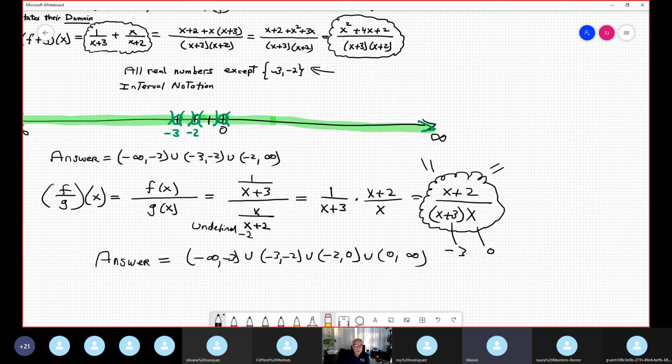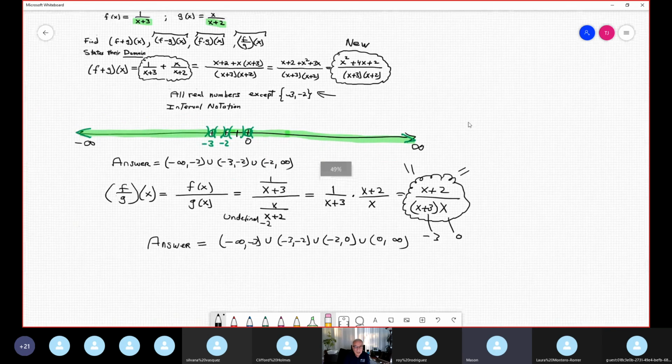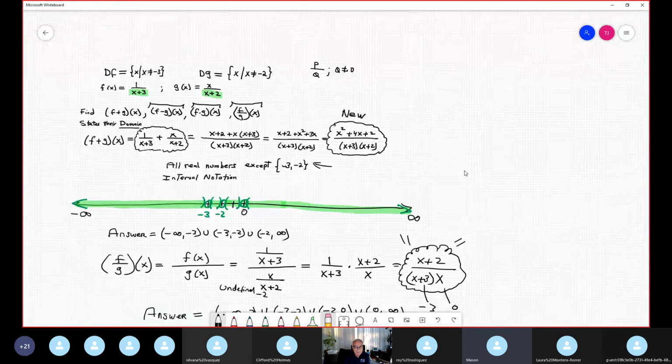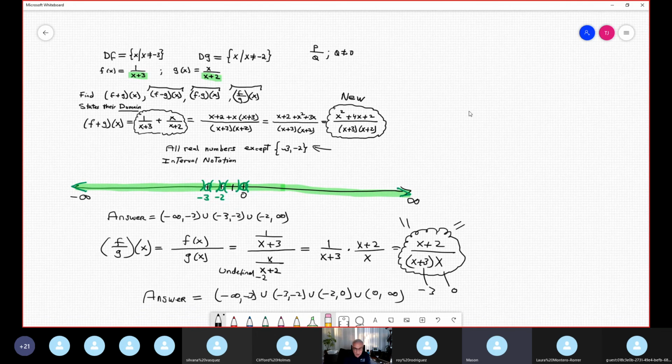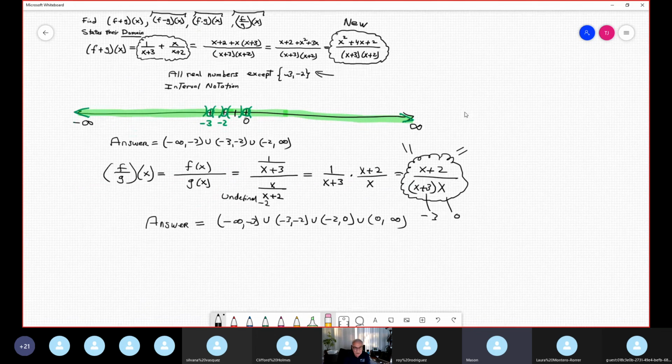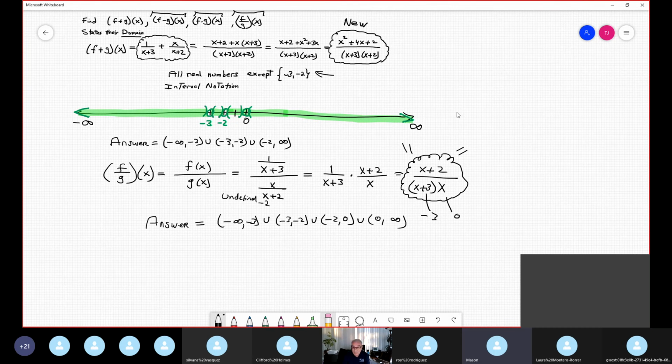You continue the idea that the domain is the intersection, but you include one extra restriction, the new denominator that appears when you are doing the division. Okay, does everyone follow me?